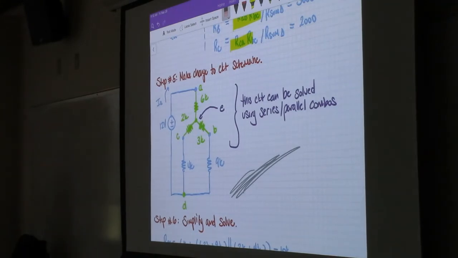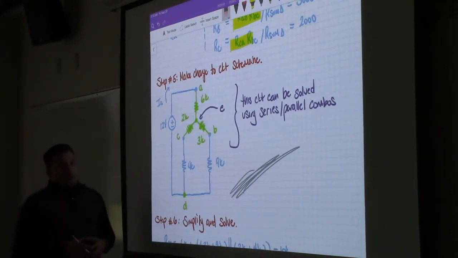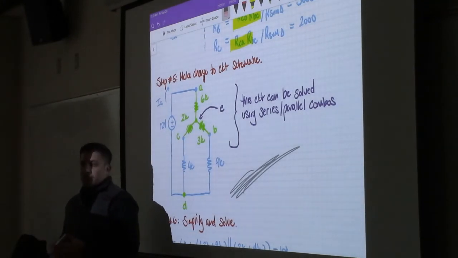Another example, another different flavor that we can add to these types of problems, and another one where we can boil it down to a single loop or single node pair and solve.